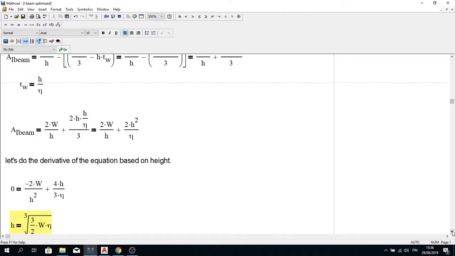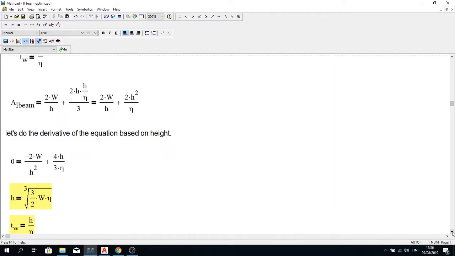And further, the area can be derived as this one, and when we do the derivative of this equation, the area of the I-beam equals 2W divided by H plus 2H squared divided by eta, the result would be like this.